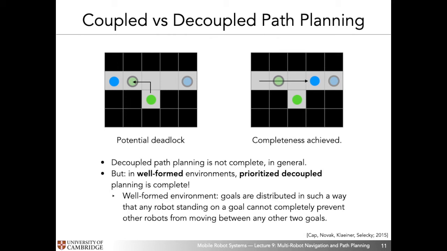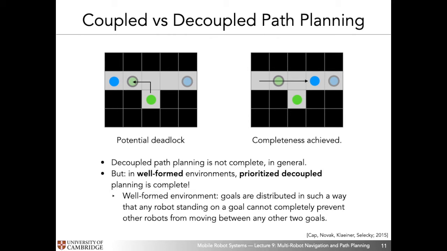So what is a well-formed environment? Essentially, a well-formed environment is just an environment that makes sure that robots' endpoints are distributed in such a way that any robot standing on an endpoint cannot completely prevent any other robots from moving between their start and endpoints, right?